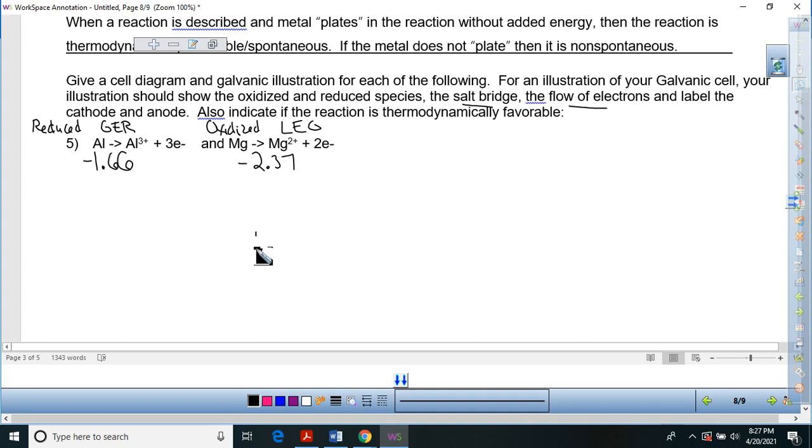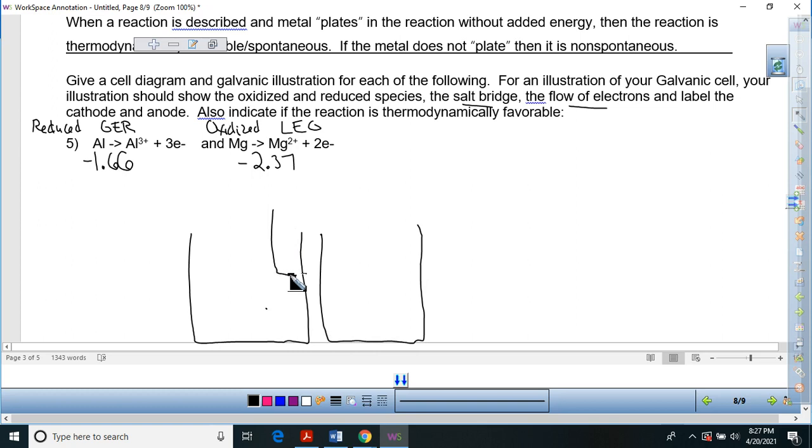Okay, now I'm going to give a little bit of space over here so we can do both. Okay, so I have my anode side and my cathode side. And I have my two half reactions.